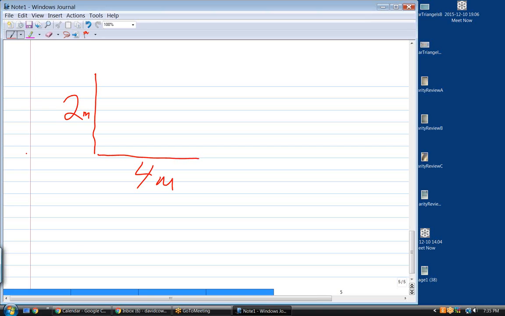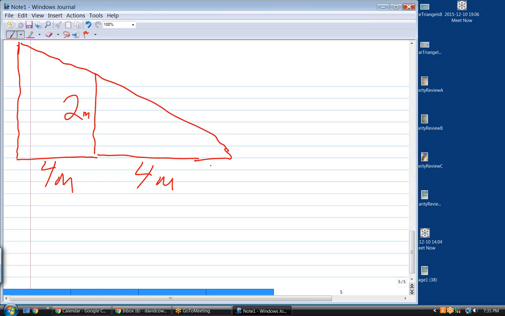Okay, let me see if I can draw this picture right. And then what is the height of the... There's the light. He's standing 4 meters from the light post, and his shadow goes 4 meters out, right? Right, correct. Okay.